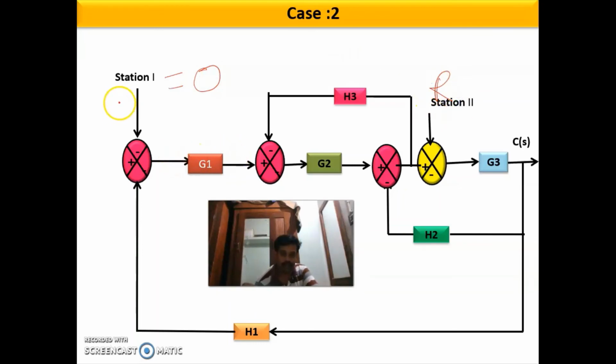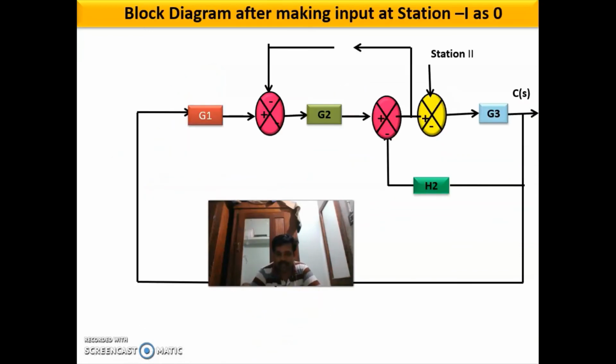When we make the input to station 1 as 0, we can remove this summing point, but the symbol you have here is minus. The type of feedback is minus, so that minus we have to include in this H1. I will show the next diagram and you will clearly understand.